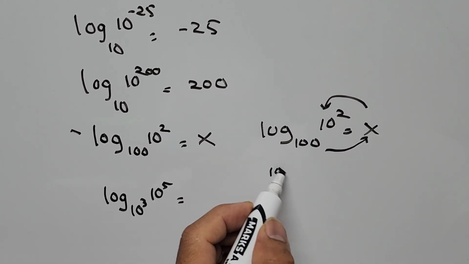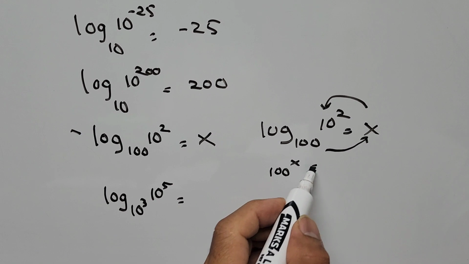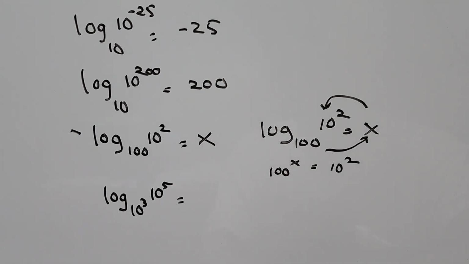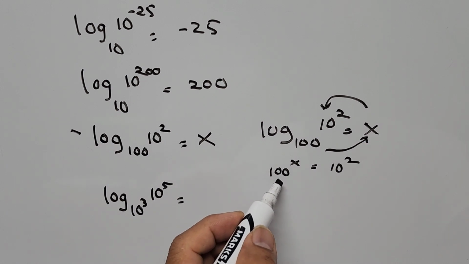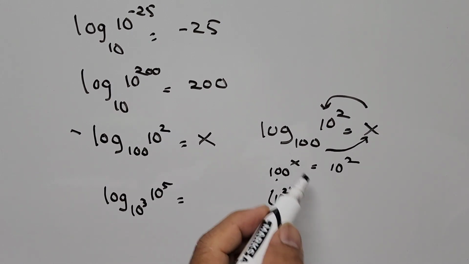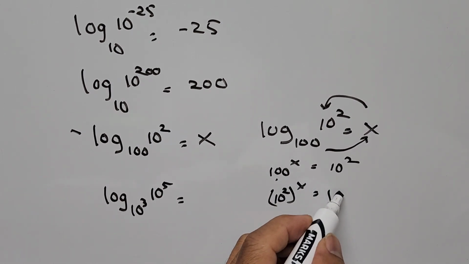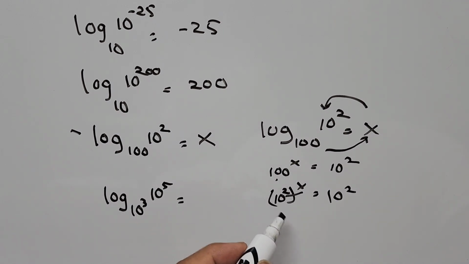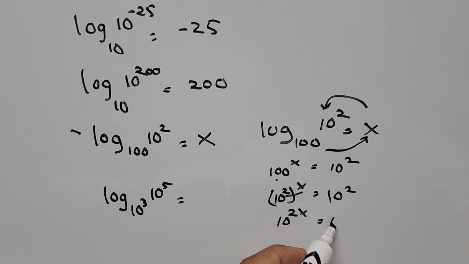So we have 100 to exponent x equals 10 squared. Right? So 100 expressed in terms of 10, so that is 10 squared, right? And the existing exponent is x. And we have the exponents multiplied together, so that is 10 to the power of 2x equals 10 squared. Now we have the same base. We can equate the exponents, so that is 2x is equal to 2.